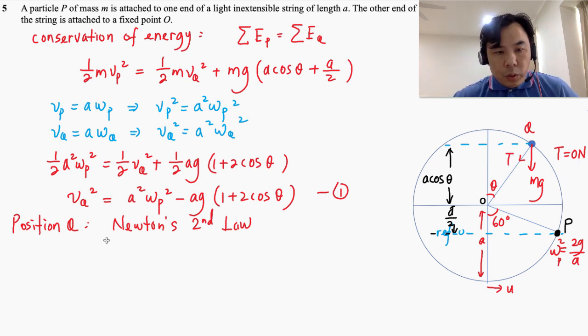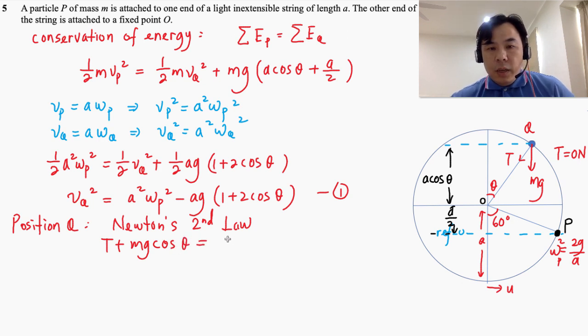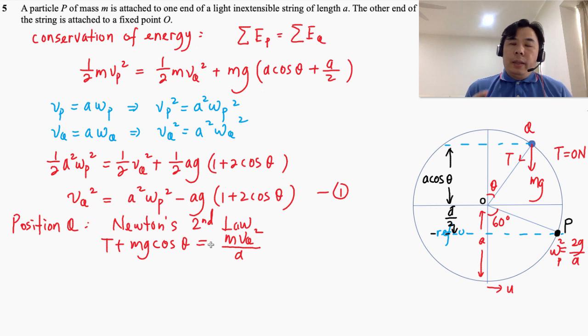So from here, we know that tension plus mg cosine theta must be the same as its centripetal force, which is m VQ square over a here. But we know that at angle theta, the string starts to slack, meaning that T is equal to 0.